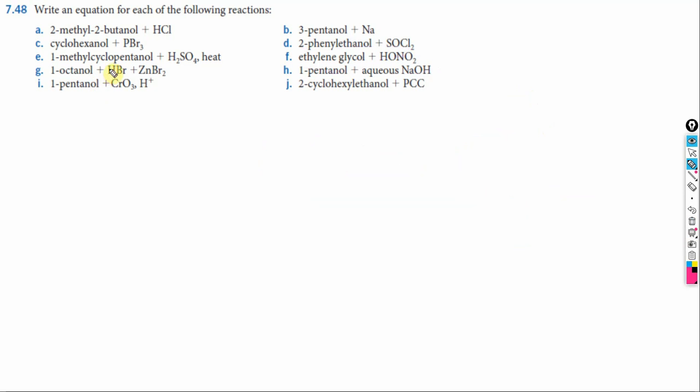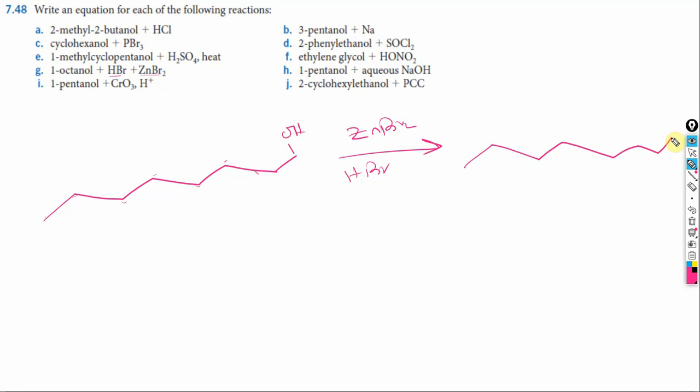Okay, and if you have an alcohol with HBr and zinc bromide, which is what we call the Lucas test, you're going to get the corresponding halide.